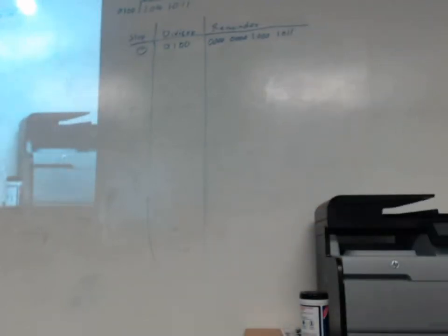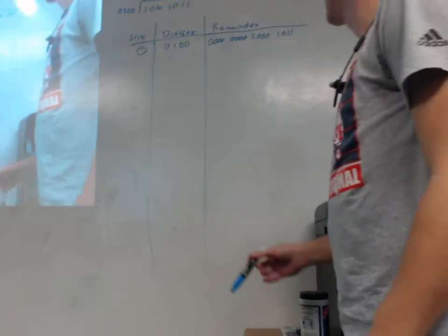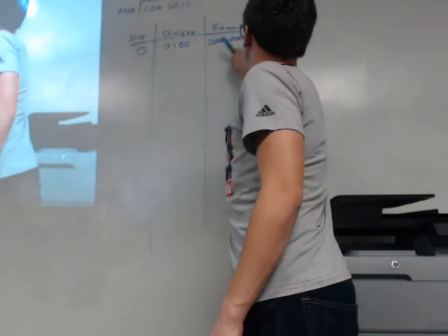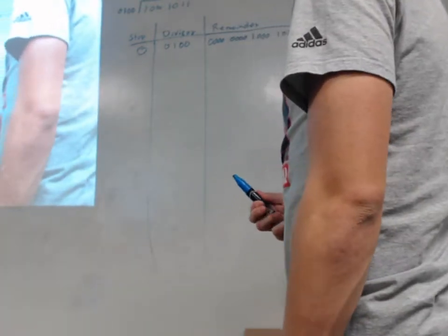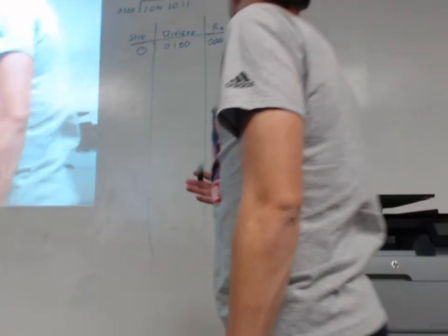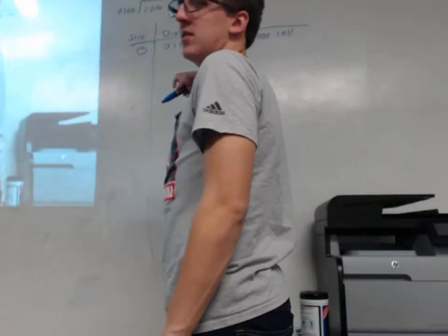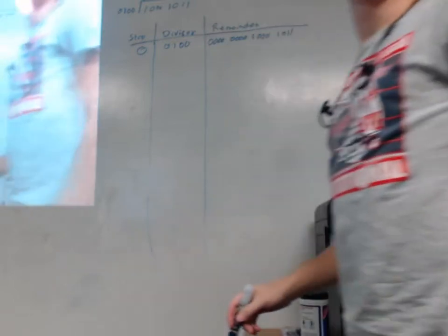Okay, so first off, you try and subtract the divisor from the top part of the remainder. Is that going to give you a negative number? The top half? Yes. So we are doing restore. Look at it as 0, 0, 0 and then the divisor.